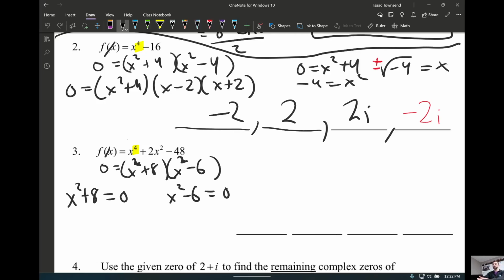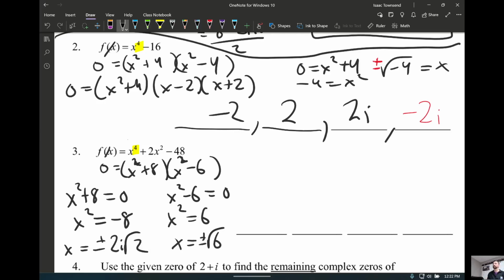But since there's x squareds and not x's, it's a lot easier to just undo +8 with the -8, undo -6 with the +6, take the square root of both sides, not forgetting plus or minus, and simplifying the square root of -8, being able to rewrite that as 2i square root of 2. So one answer is 2i square root of 2, another answer is -2i square root of 2, third one is square root of 6, and the fourth one is negative square root of 6.